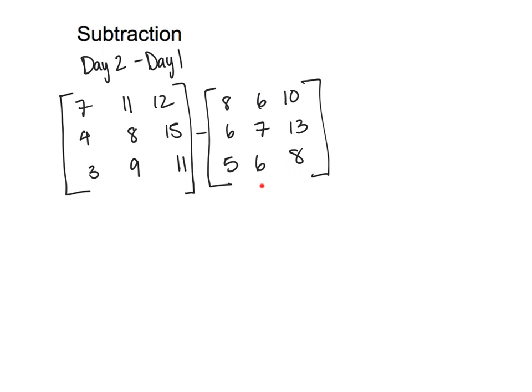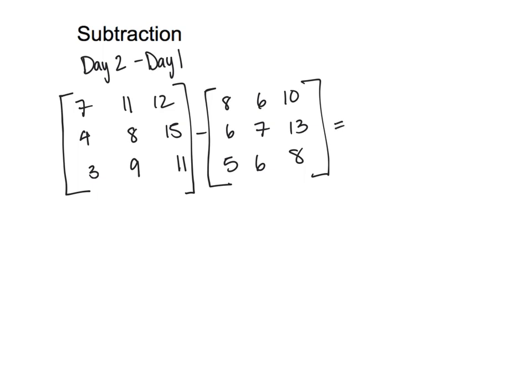And so remember, if you subtract, you have to subtract corresponding elements. So that's what I'm going to do here. And like I said, it didn't matter whether I did day 2 minus day 1 or day 1 minus day 2. It didn't matter the order. It just changes your wording a little bit when you explain.